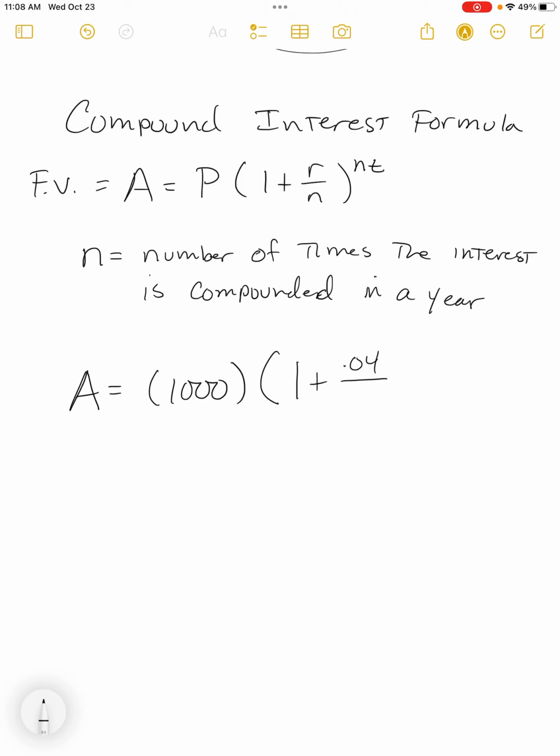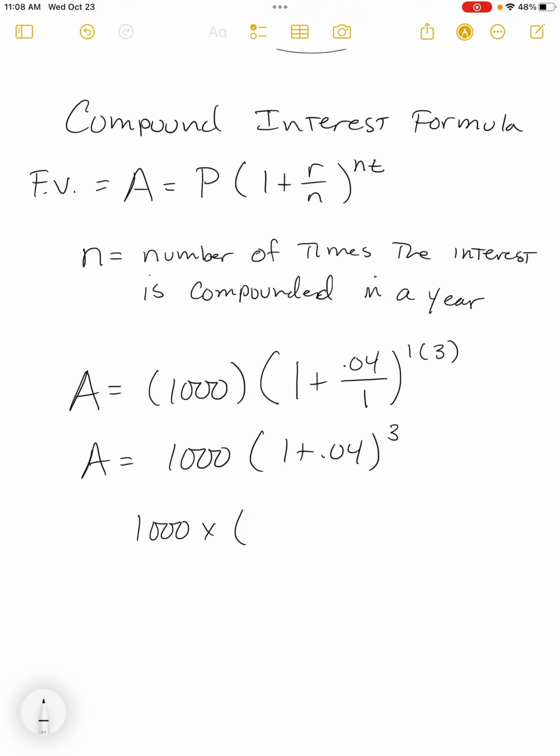Well, remember, we were being compounded annually, so that's 1 time a year. And N is 1, and T was 3 years. So I'm going to simplify this a little bit. A is equal to 1,000 times 1 plus 0.04 to the third power, right? So I'm just doing the division by 1 and the 1 times 3. So now let's plug that into our calculator. And we'd want to plug it in exactly how we see it.